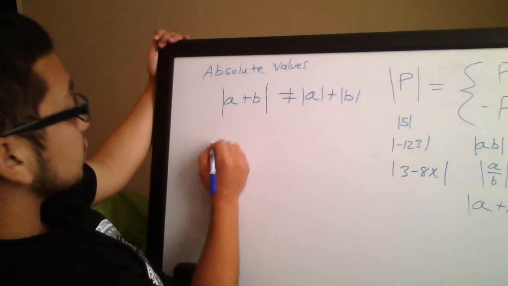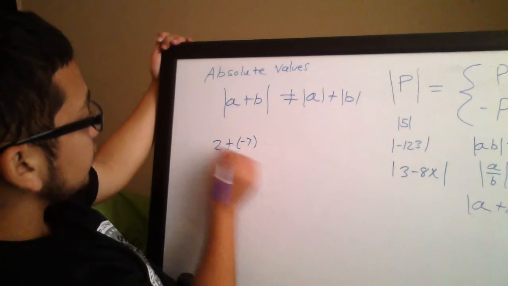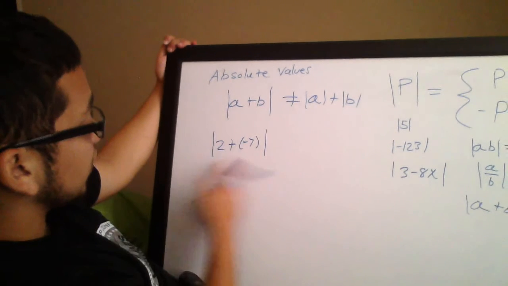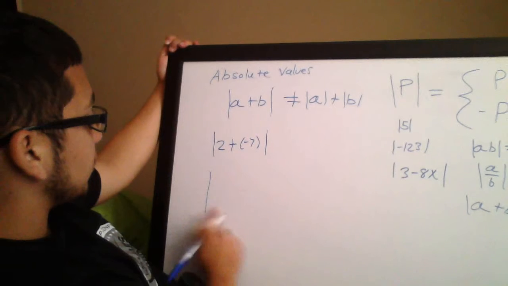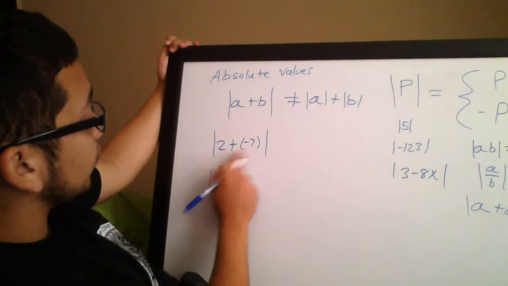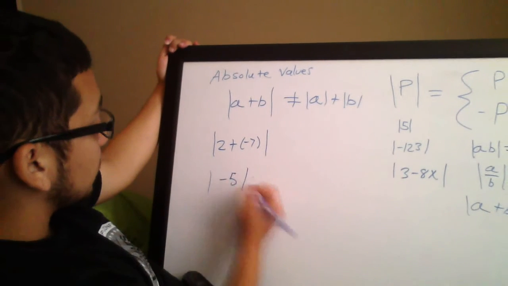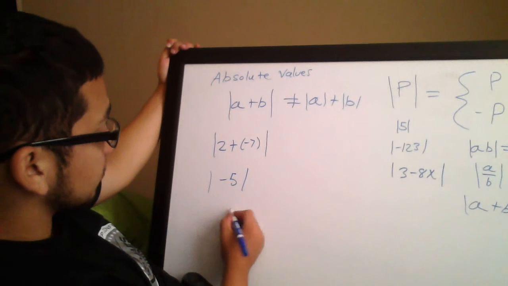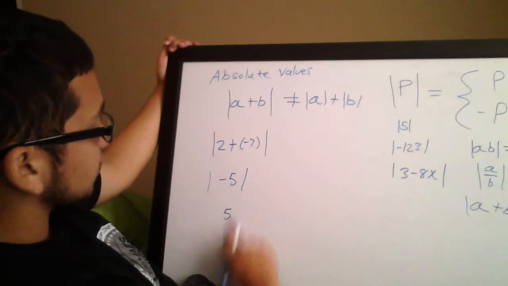So let's say I had the absolute value of 2 plus negative 7. Well, if I just do the math on the inside of the absolute value, I have 2 minus 7, which is just negative 5. So the absolute value of negative 5 equals 5.